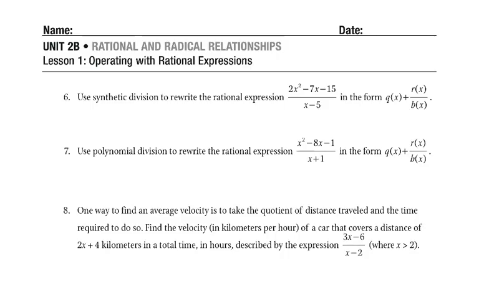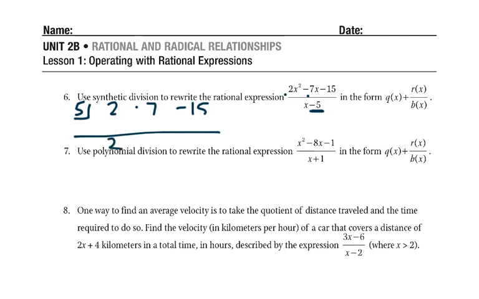Alright, number 6 says use synthetic division to rewrite the rational expression. Remember synthetic division? That's our divisor. It's not negative 5 because it's x minus the number, so positive 5. Take the coefficients, 2, negative 7, negative 15.